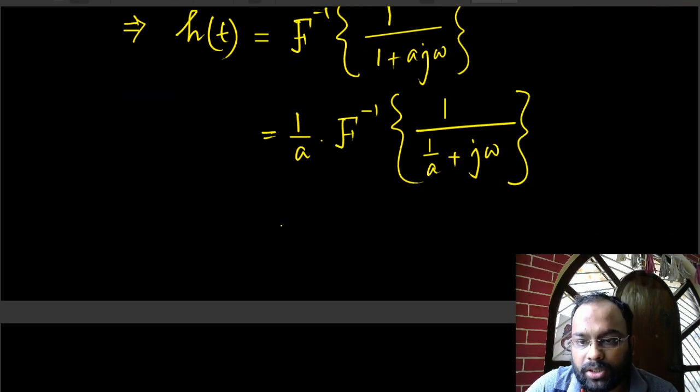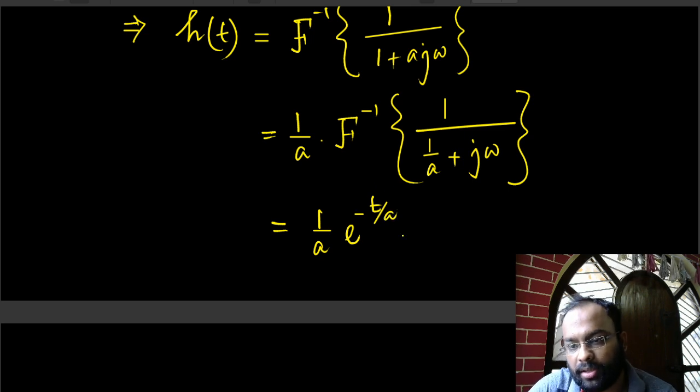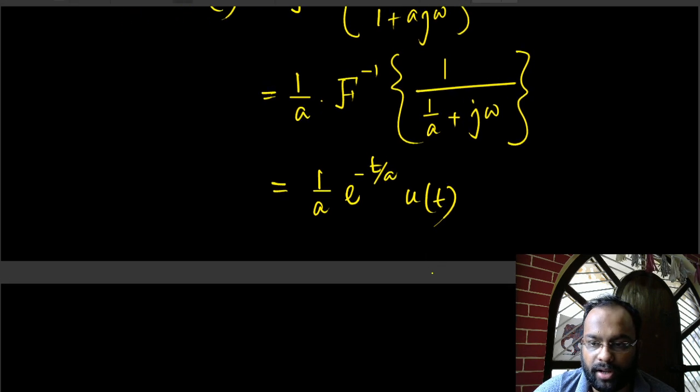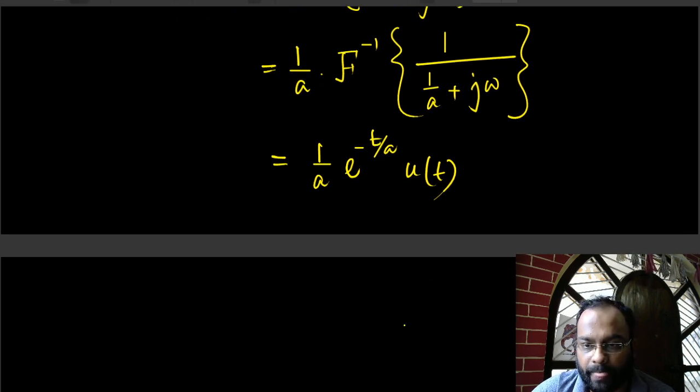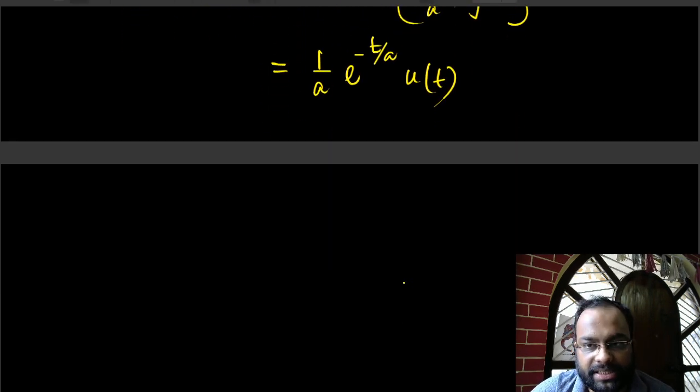Of course you have to figure out the function from which this came as a Fourier transform. That would be e to the power minus t by A, times u t. So this is 1 by A into e to the power minus t by A u t. So the impulse response of a series RC circuit is this.